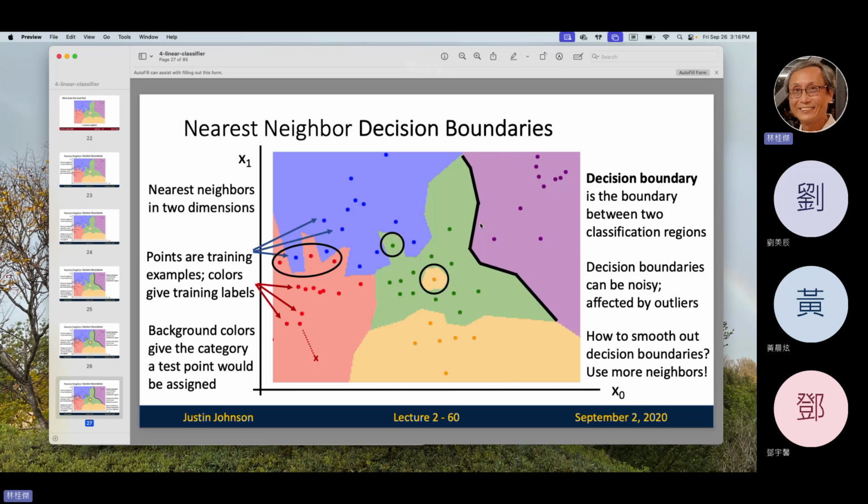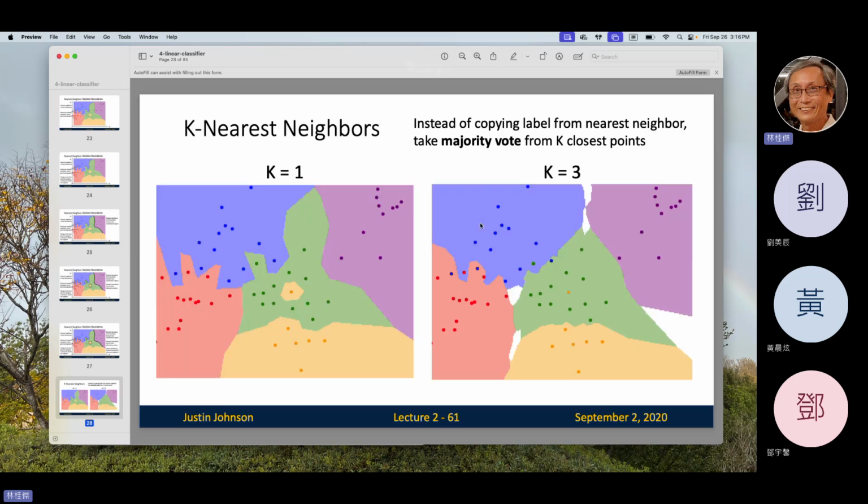Another way to make it a little easier for the system, and probably more general, is to say, let's not just look at one particular neighbor. Let's see what the 3 nearest neighbors would be.